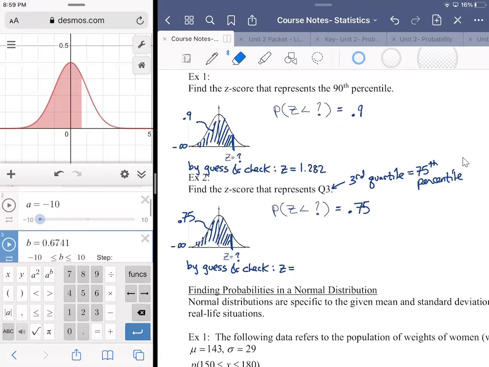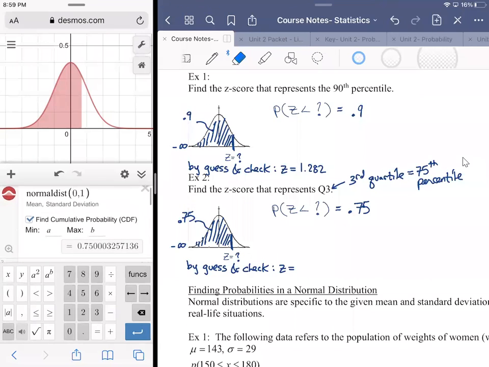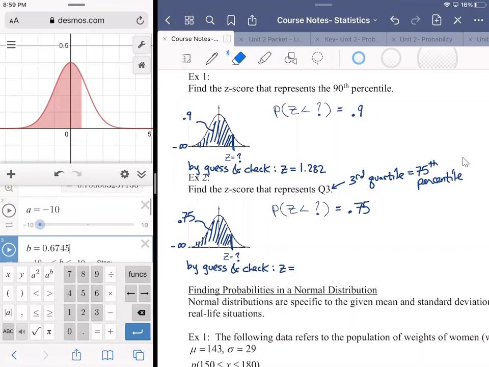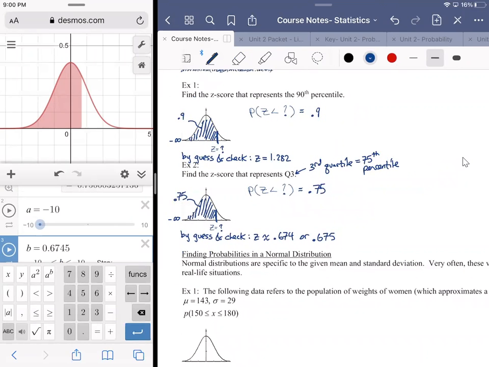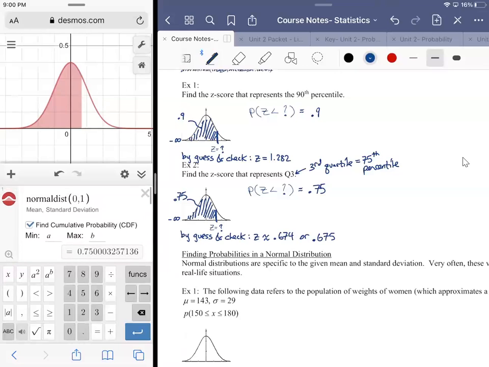It's pretty close, but it's pretty safe that if I do 0.6745, we're somewhere in that neighborhood. So we could say approximately 0.674675.